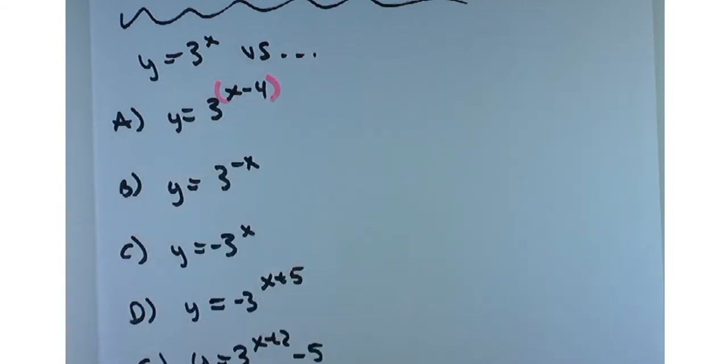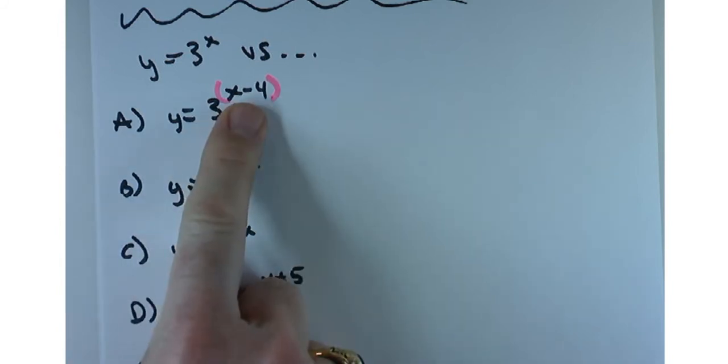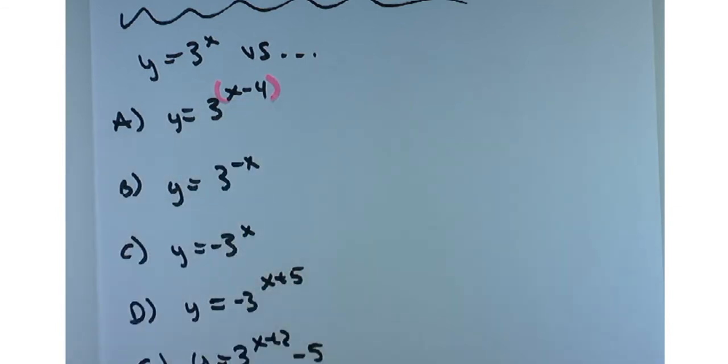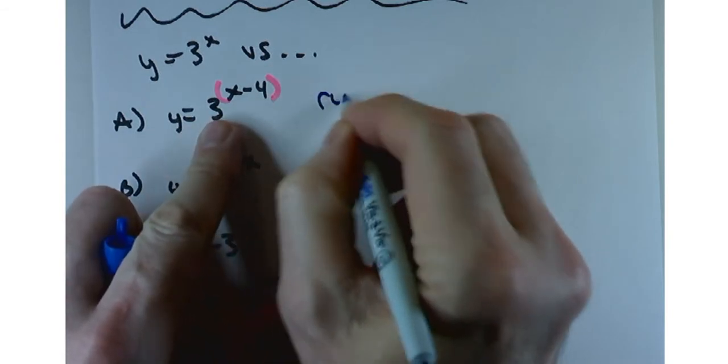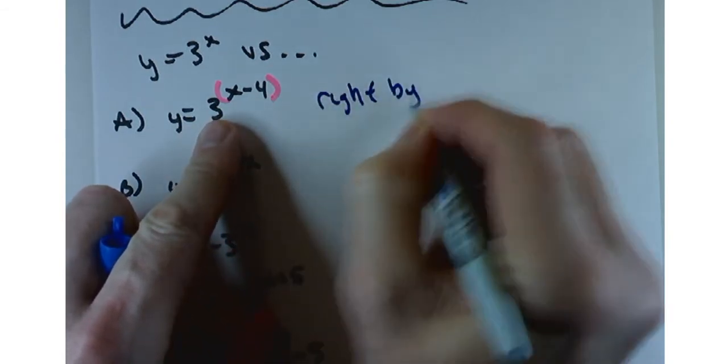So plugging something into the exponent like that is going to cause a horizontal shift. The question is which way? Is that going to be to the right 4 or to the left 4? What would you think? Yeah, it's to the right by 4. Nice.